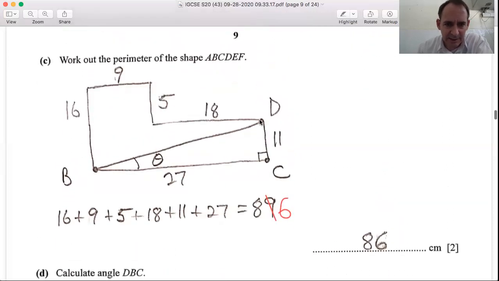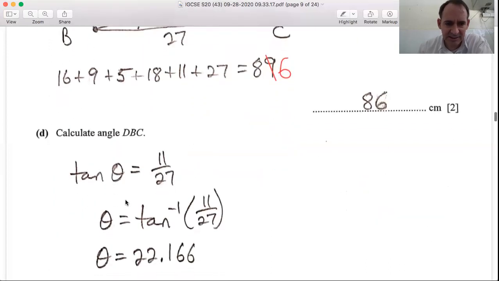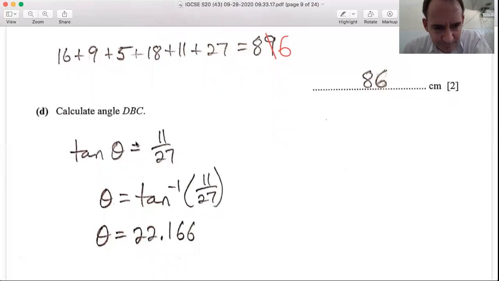Calculate angle DBC. So DBC, you can draw the line in there so that you can see the angle. D to B to C. And notice this is a right triangle. So we're going to use SOH CAH TOA. From our angle, the 11 is opposite and the 27 is adjacent. So it's going to be tangent from our SOH CAH TOA.